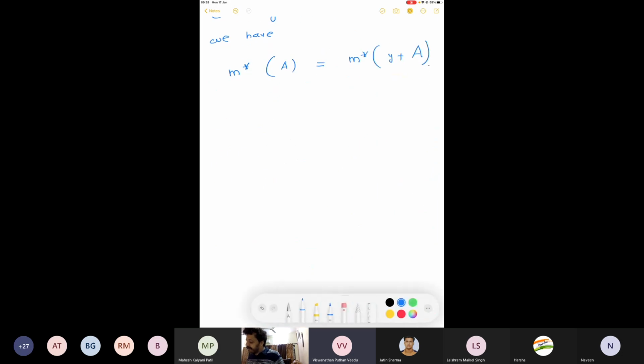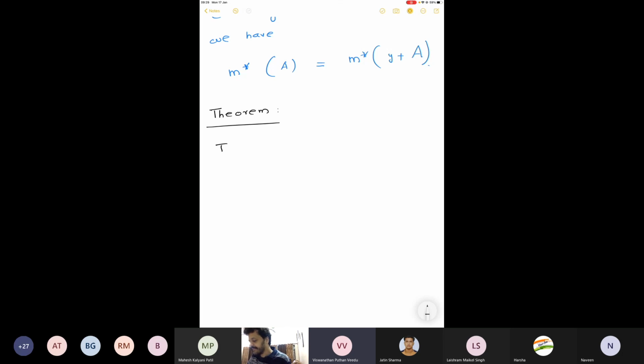Next, one more desirable property, one more good property of the Lebesgue outer measure. Let me put it as a theorem. Outer measure of a closed interval, what will it be?